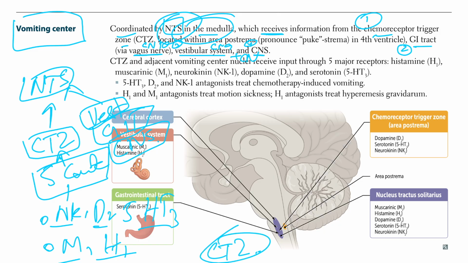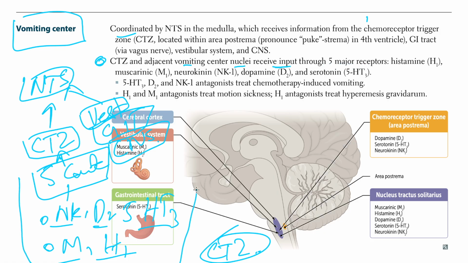Let's read this first. We said CTZ and adjacent vomiting center nuclei receive input through 5 major receptors. Again, what is it? CTZ, which is the chemoreceptor trigger zone, and adjacent vomiting center nuclei receive input from 5 major receptors: H1, M1, NK1, D2, 5-HT3.